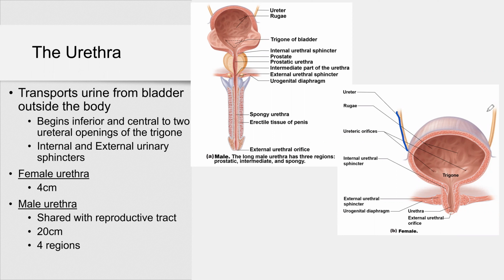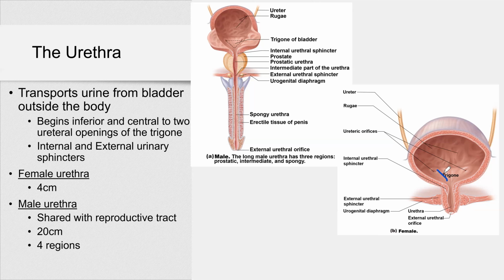So here's your ureter, and this is the opening of the ureter, another opening, and this is the opening of the urethra. So this area is the trigone. That's why the urethra begins inferior, so obviously it's inferior to these openings, and central, so right in the middle. I already told you we have the internal smooth muscle, and the external urethral sphincters.